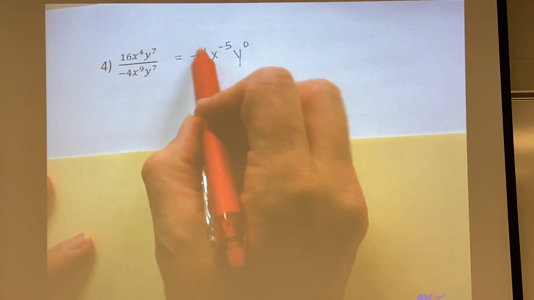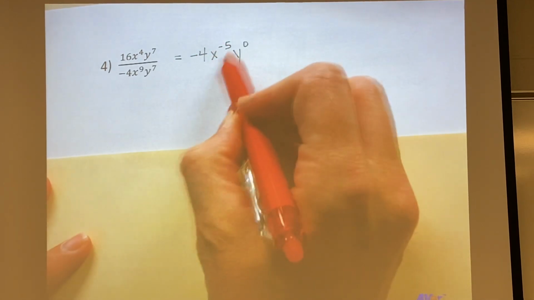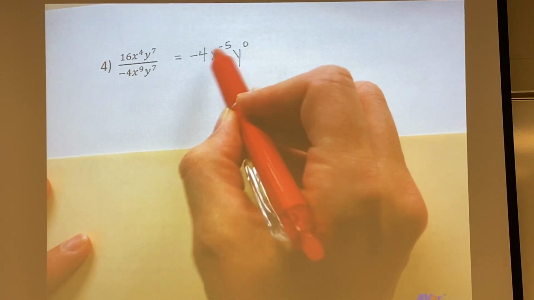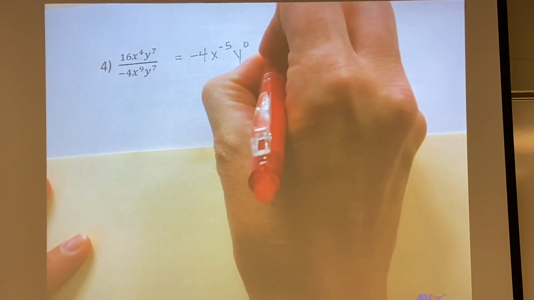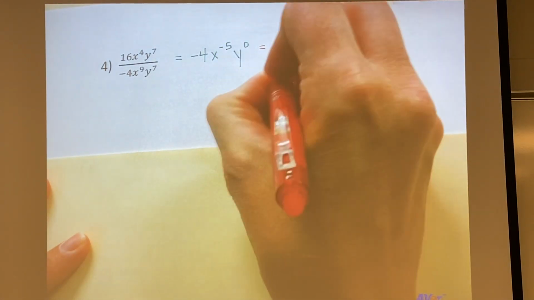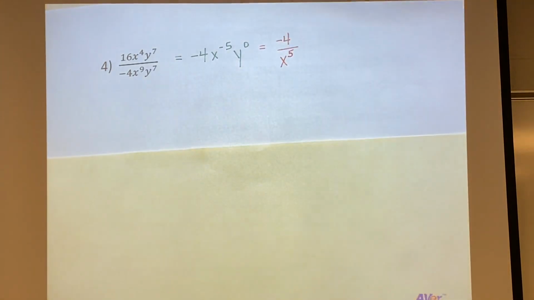So negative coefficients are okay. Nothing wrong with that. But negative exponents are not. In order to get rid of a negative exponent, you have to move it down below. So we're going to keep the negative 4, and we're going to take that x to the negative 5th, move it to the denominator, and now it's a positive 5.